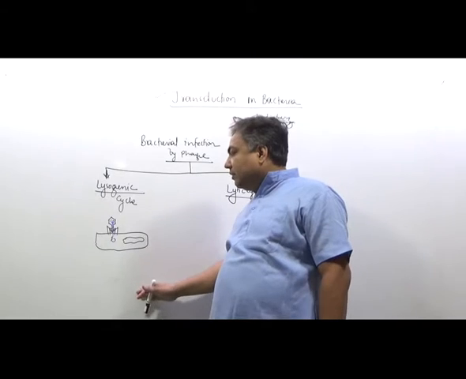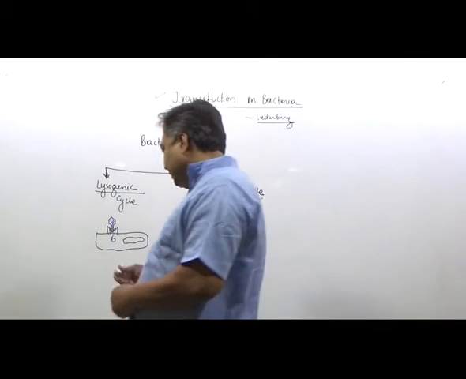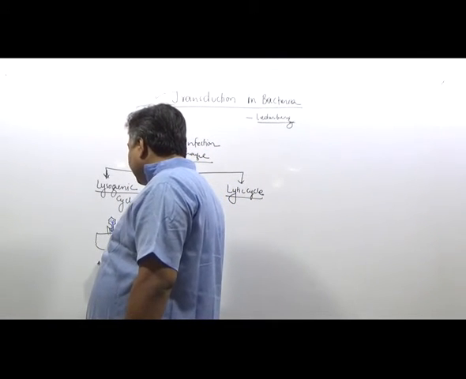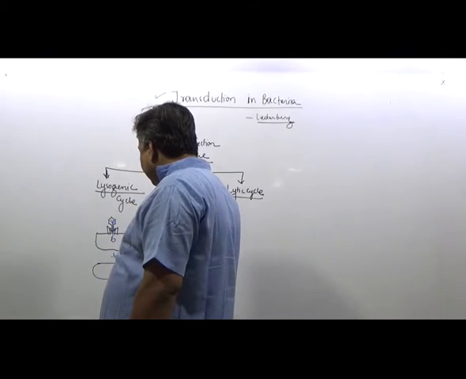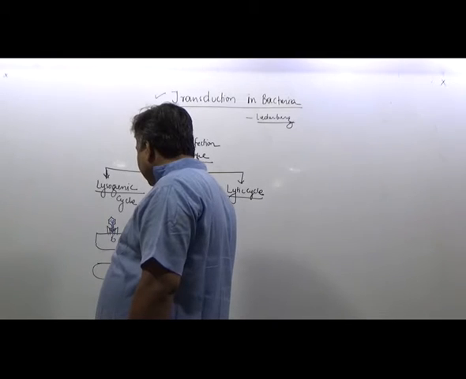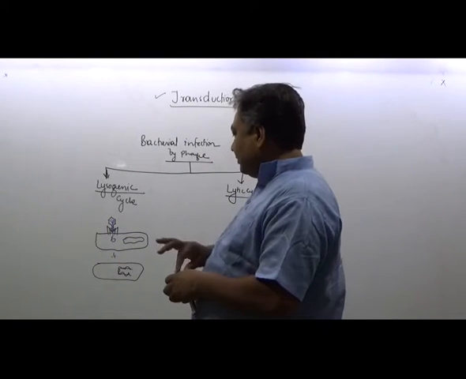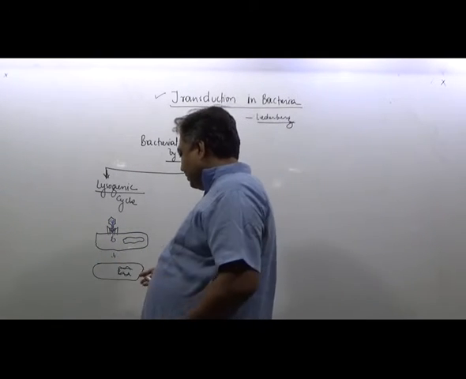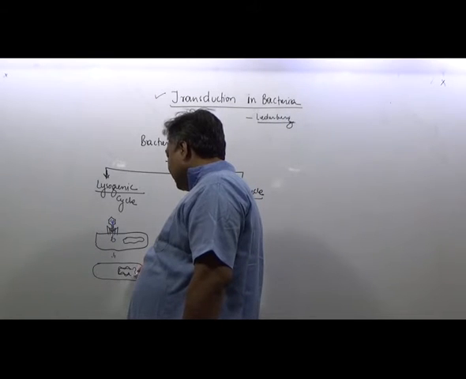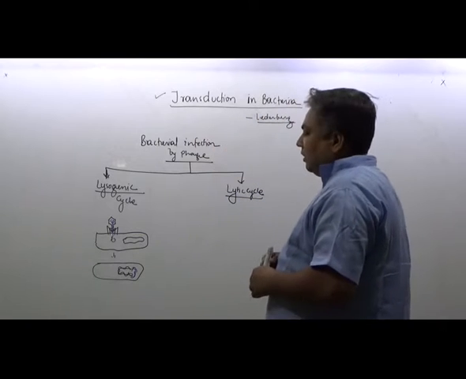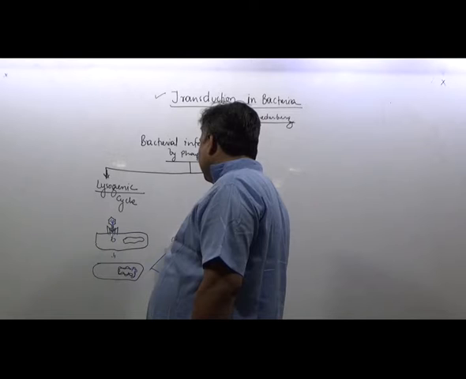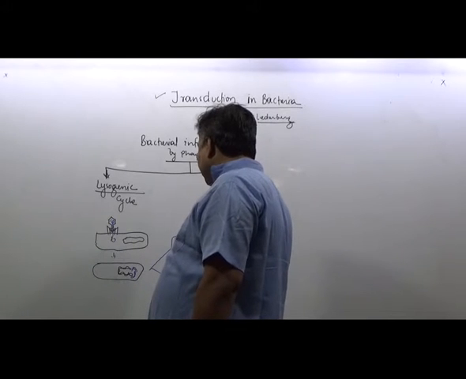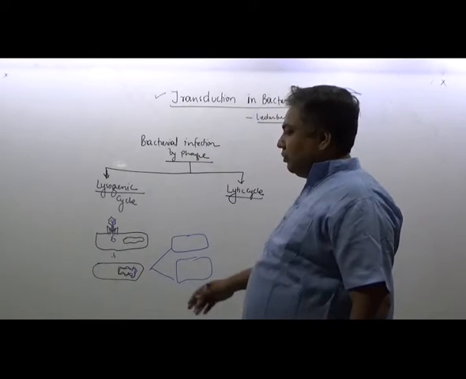So such a cycle will result into a bacterial cell which has the phage genetic material. Such a cell will keep on dividing.